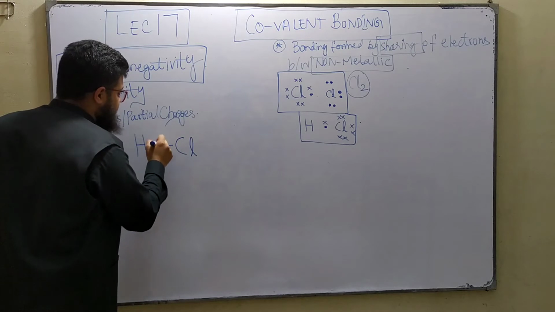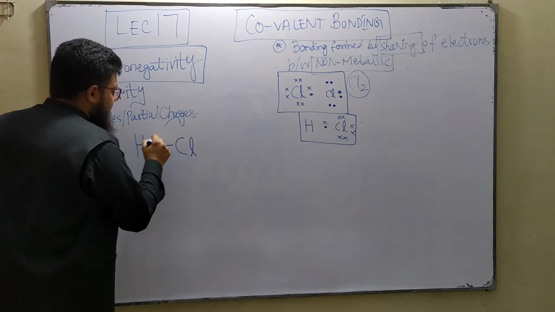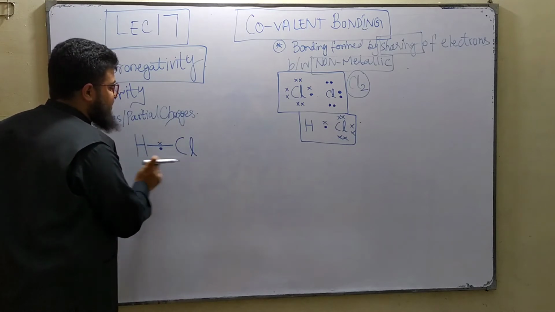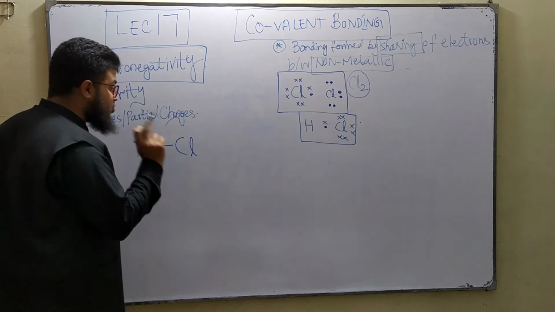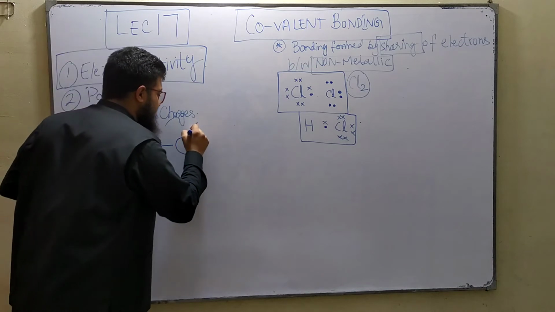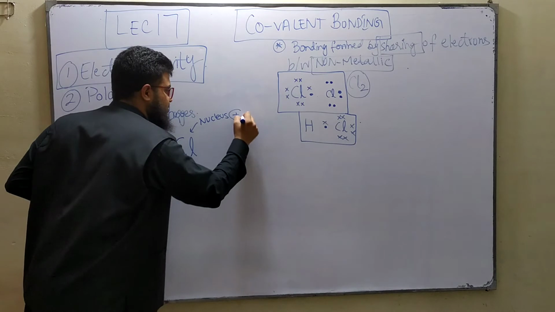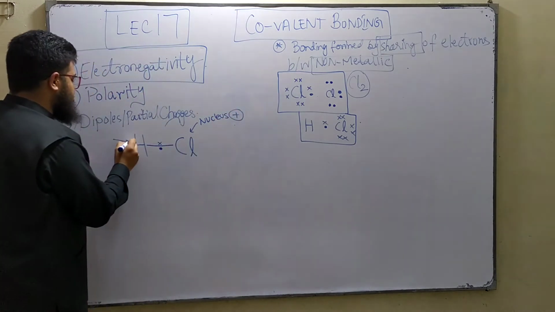Now these electrons which are here, they are being pulled continuously by the nuclei of the 2 bonded atoms, because the nucleus of chlorine has a positive charge, and so does the nucleus of hydrogen.